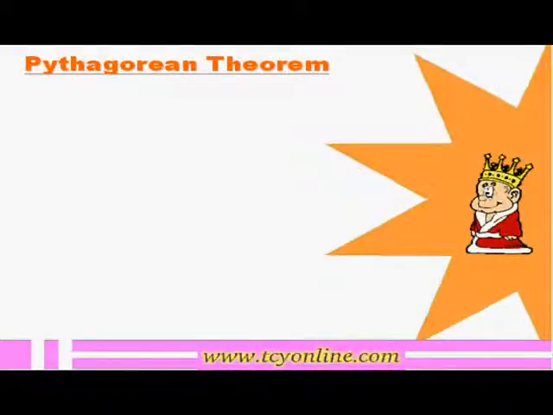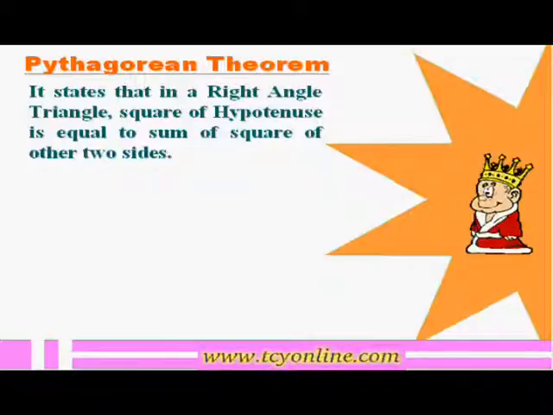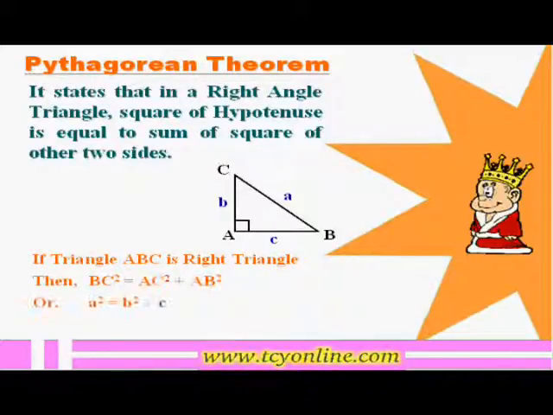We shall now consider the Pythagorean theorem. According to the Pythagorean theorem, in a right triangle, the square of the hypotenuse is equal to the sum of the squares of the other two sides. To illustrate geometrically, let us study right triangle ABC. If triangle ABC is a right triangle, then according to the Pythagorean theorem, hypotenuse square is equal to altitude square plus base square.